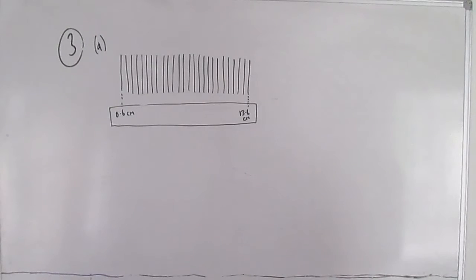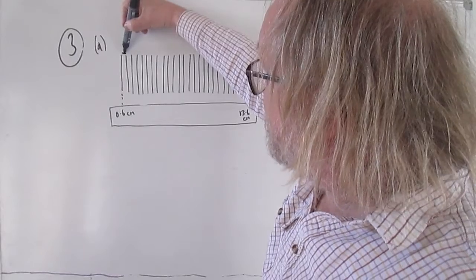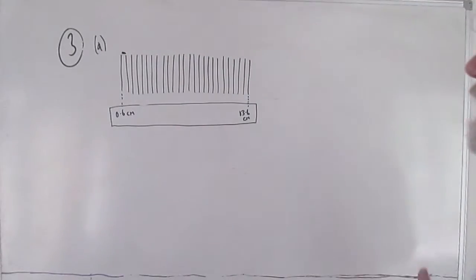Okay, so in part D it gives us this pattern and asks us to find the distance between 2 adjacent maxima in the pattern. So what you don't do is just look on the ruler and measure that distance, because if you do that, it's going to have a really big uncertainty because of the limited resolution of the ruler compared to that gap.